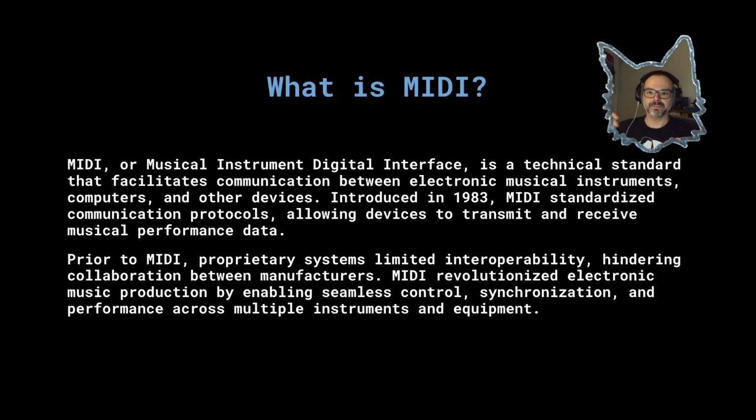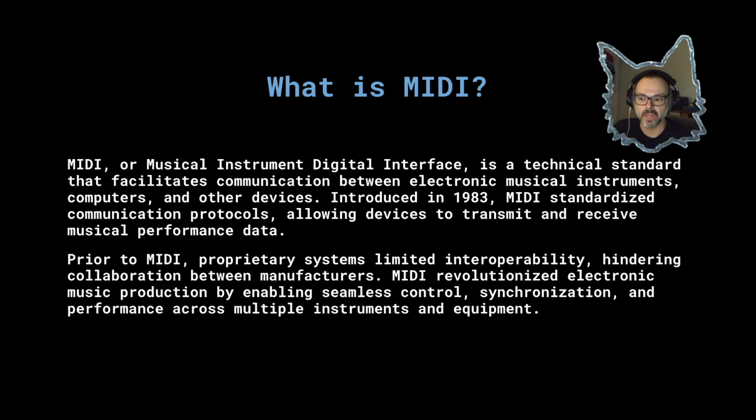Okay, so MIDI, or musical instrument digital interface, is a technical standard that facilitates communication between electronic instruments and computers and a bunch of other devices. MIDI was introduced in '83. It basically standardizes the communication protocols that allow all of these devices to talk to each other.